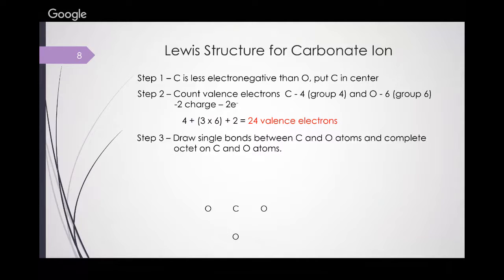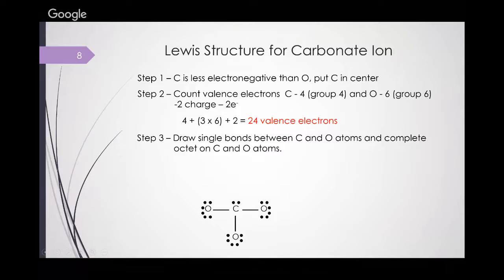So we draw single bonds and then give everything its octet, putting on all of our electrons. We count 2, 4, 6, 8, we're good, for each atom. And then we count 2, 4, 6, up to 26.